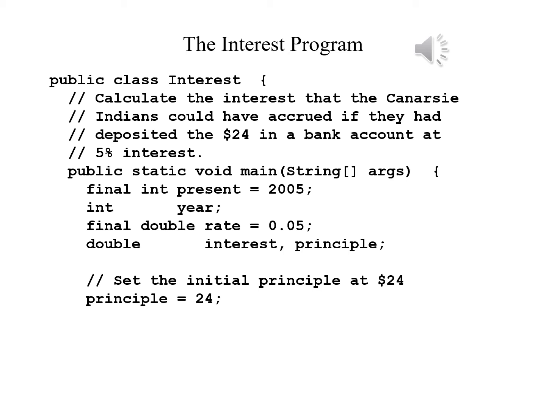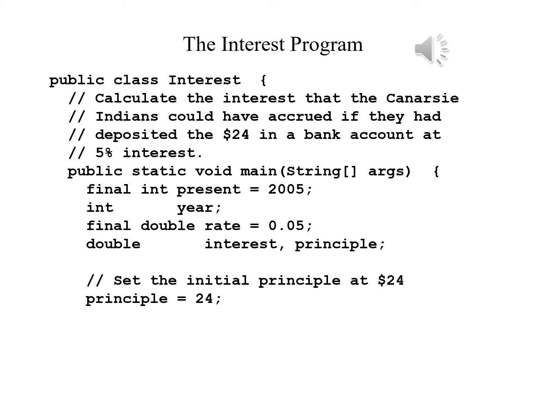Final int present equals 2005. I originally wrote this program a few years ago. Int year. Final double rate equals 0.05. The present year and the rate for this program are constants. Double interest, principal.